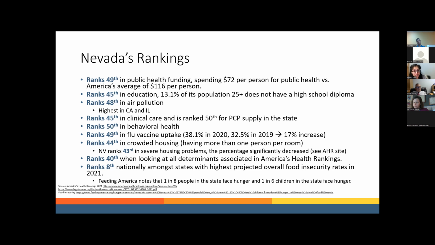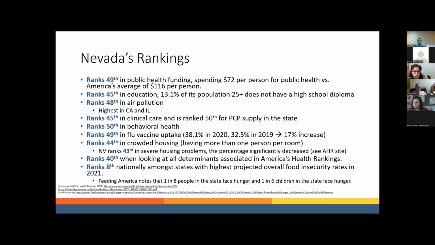And as fire season approaches, it only becomes more of a concern, especially for our patients who have asthma or have respiratory issues. And now looking more into healthcare, we do rank one of the poorest in behavioral health services, vaccine uptake for patient populations, and we also have many different concerns over housing.